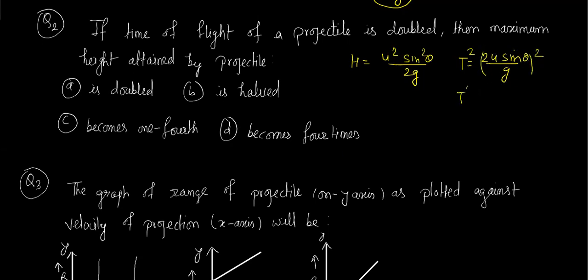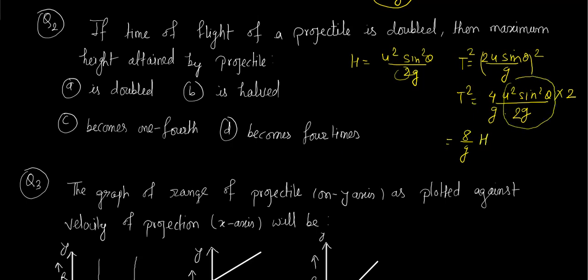After squaring both sides, we get 4 u square sine square theta, and g squared can be written as g times g. Here there is a 2, so I'm going to multiply by 2 on both sides. After this we can write 8h by g equals t square.